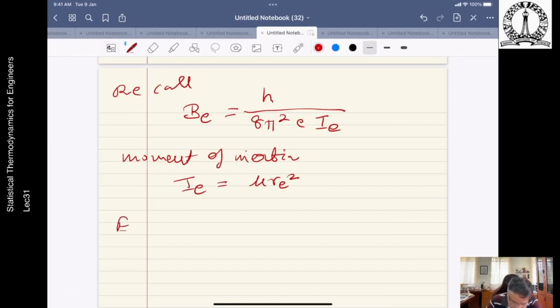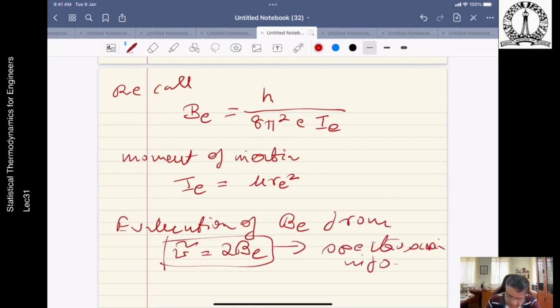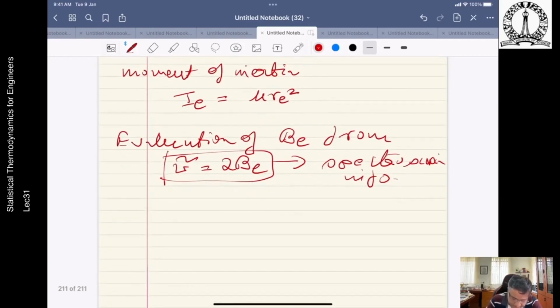So the evaluation of BE comes from the spectrum. This is spectroscopic information. Right. So this enables us to evaluate.